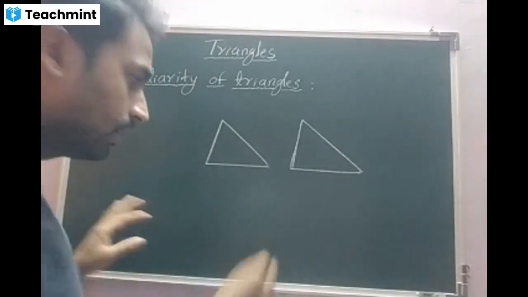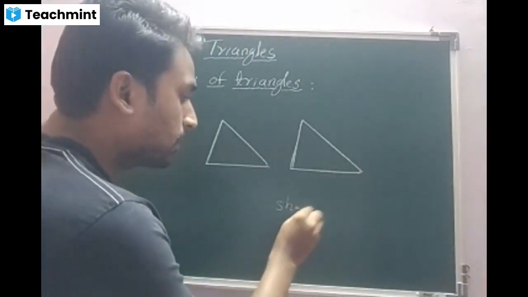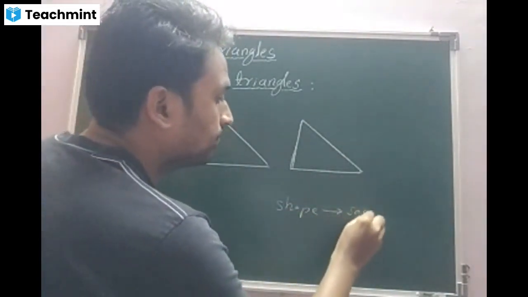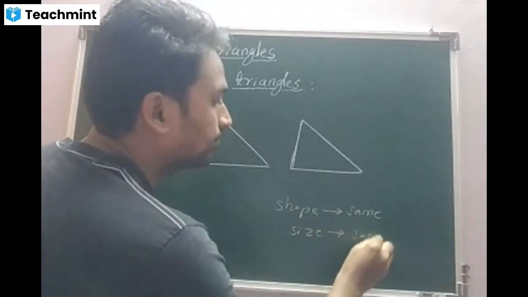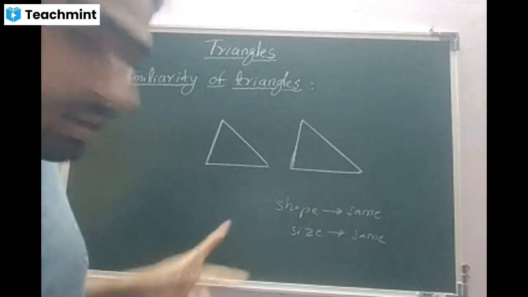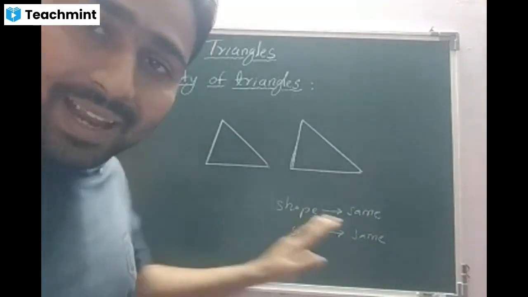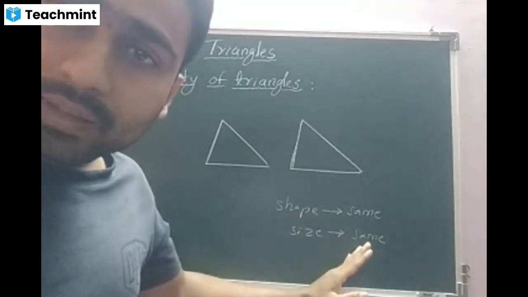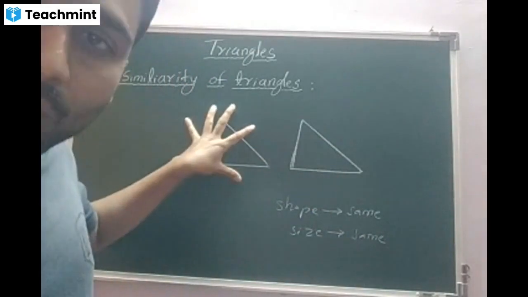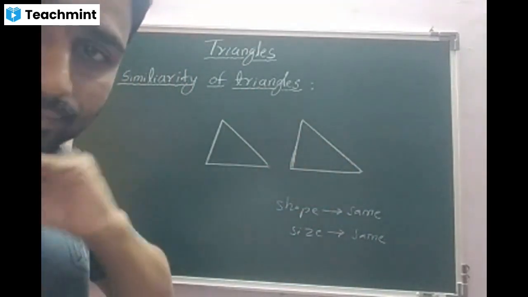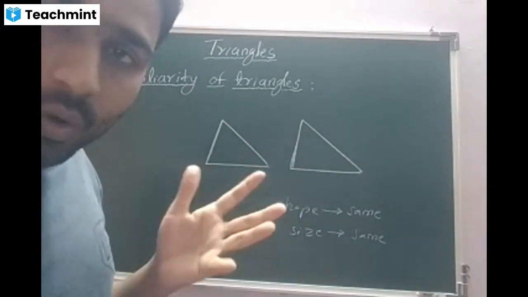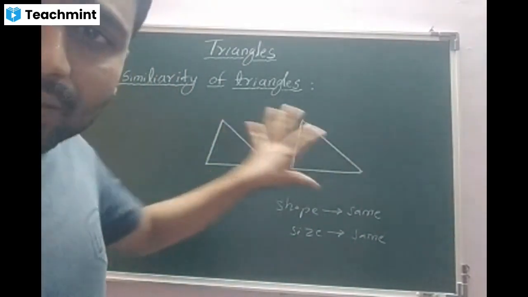The reason: here, shape is also same and size is also same. Am I right, beta? Yes, sir. If both shape and size are exactly same, equal to one another, the triangles are called congruent triangles. Am I right? Yes, sir.